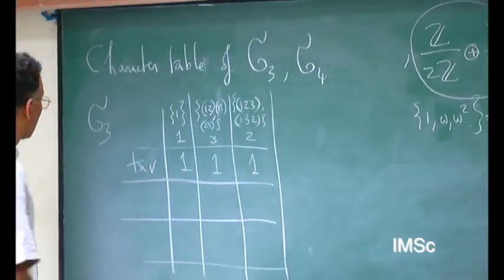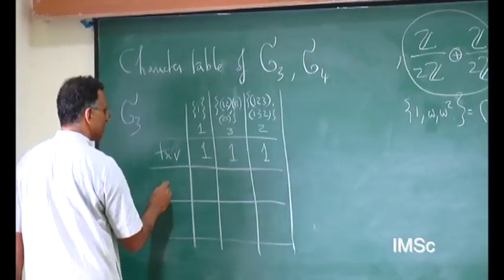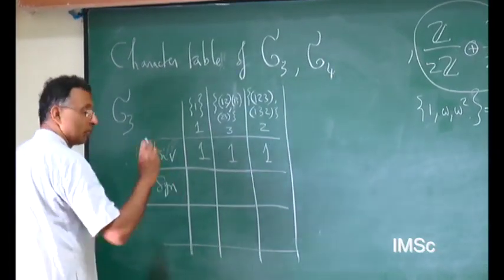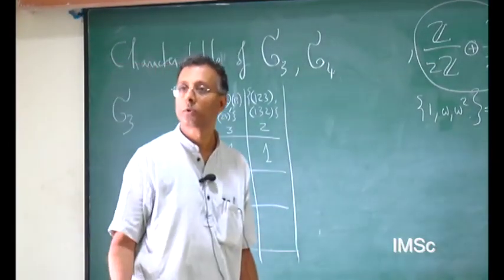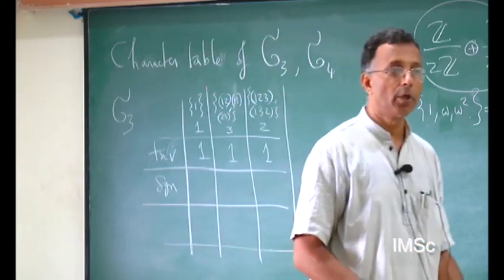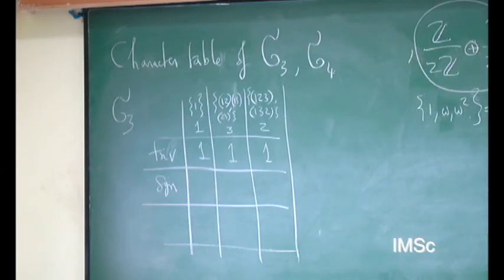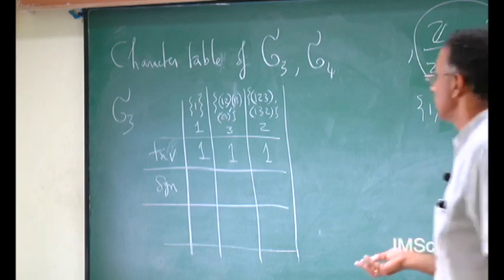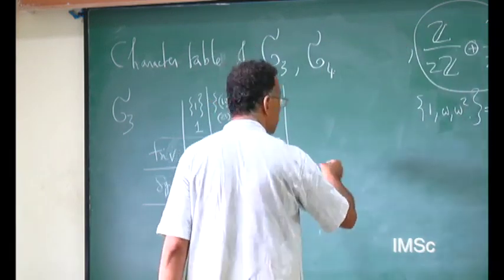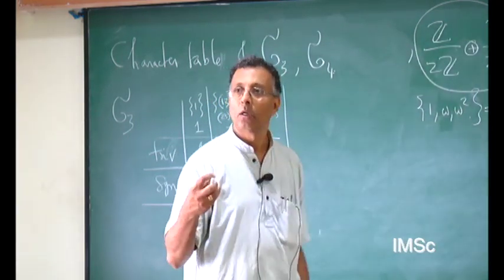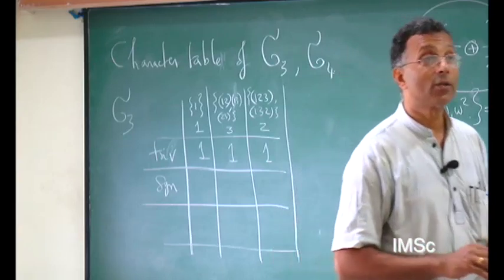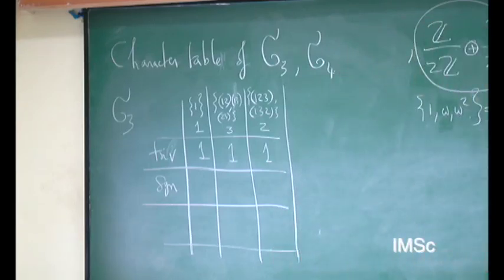Recall always this group has a sign representation. Namely, you send even permutations to 1, odd permutations to -1. Another way of thinking about it is the following. Whenever you have a quotient group, it's important to know how you generate interesting representations.